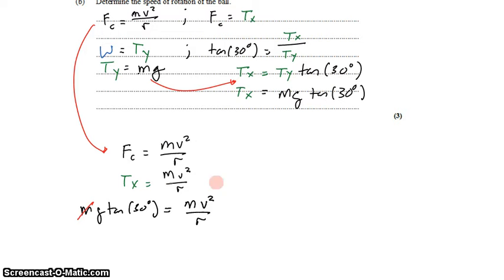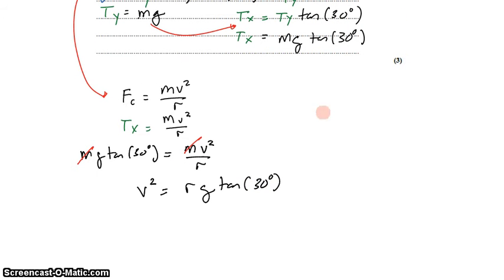This gives me mass on both sides, so they cancel, and it allows me to multiply across by r. I'll also flip the equation around, and say v squared equals rg tangent of 30 degrees. I'll take the square root of both sides and get v equals the square root of rg tangent of 30 degrees.